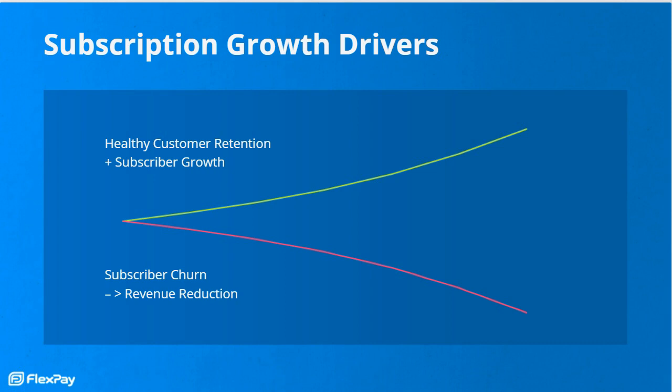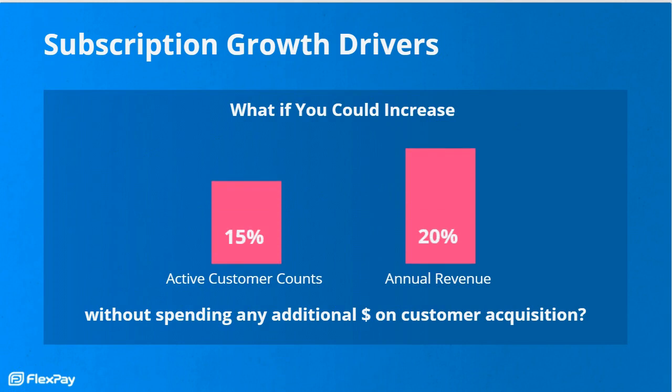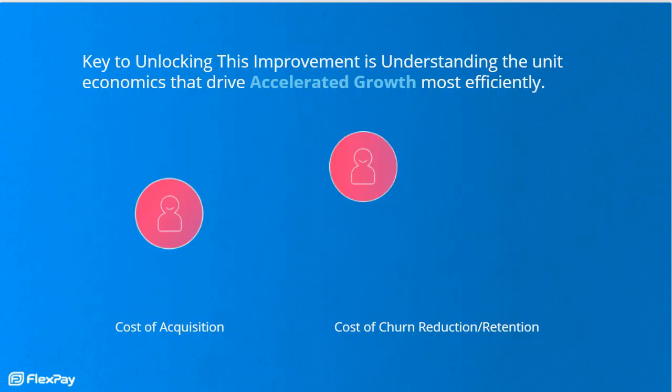But what if you can increase all of your active accounts by 15% or more, annual revenue by 20% or more, without having to spend any additional dollars on customer acquisition? Of course, that sounds great and almost too good to be true, but this is possible. But the key to unlocking this kind of improvement in your business performance is really driven by understanding the economics that drive your acceleration of growth most efficiently.